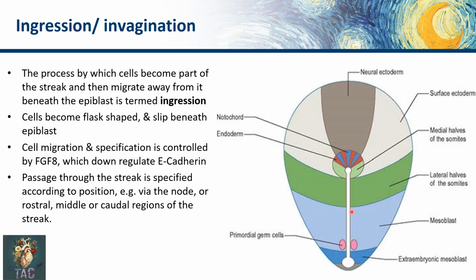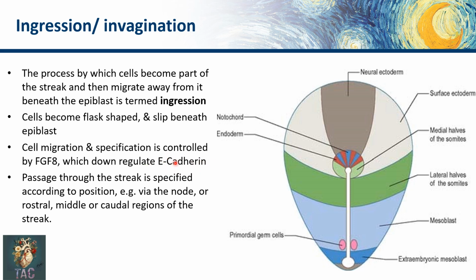So the process by which the cells are migrating and they slip beneath the primitive streak and come to lie beneath the epiblast is called either ingression or invagination. These cells become flask shaped and slip beneath the epiblast. Important factors which are responsible for epithelial to mesenchymal transition of these epiblast cells are: number one, fibroblast growth factor 8, and this fibroblast growth factor 8 down regulates the E-cadherin protein.